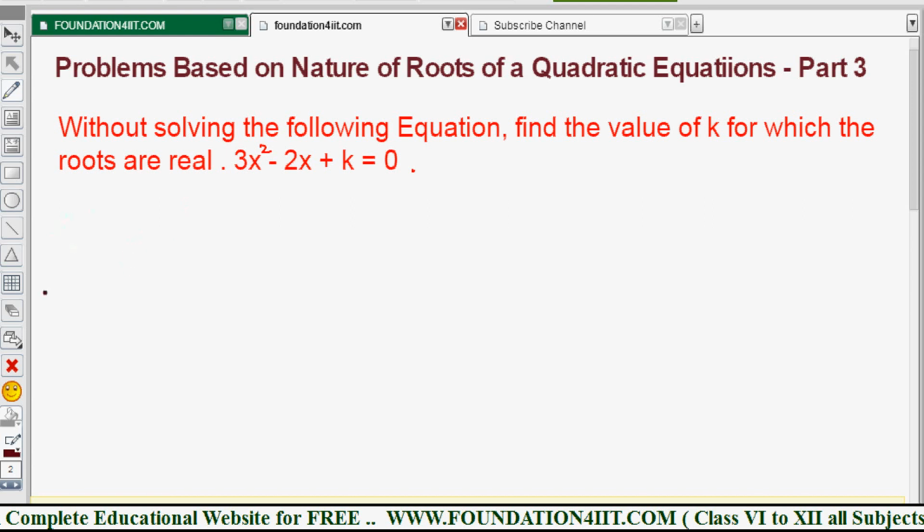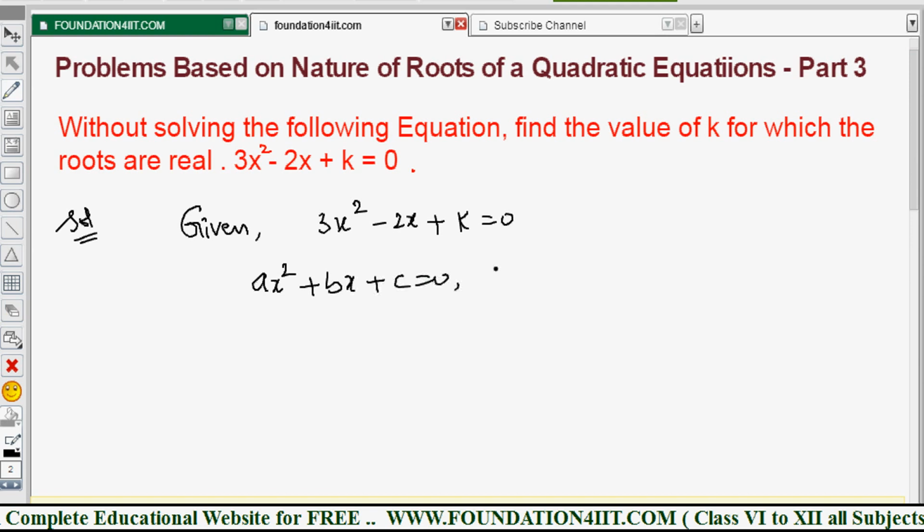So before solving, if you take the general form, the given quadratic equation is 3x² − 2x + k = 0, right? So here if you take the general form, ax² + bx + c = 0, then a = 3, b = −2 and c = k.